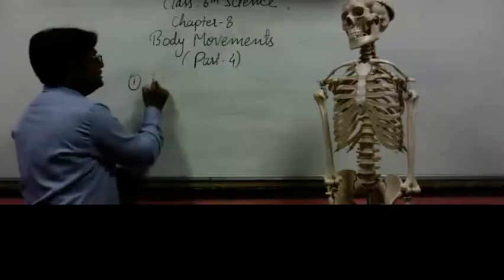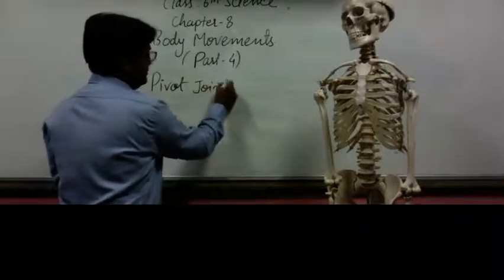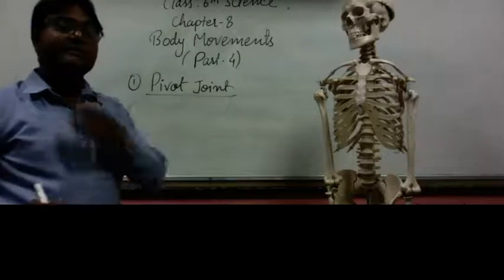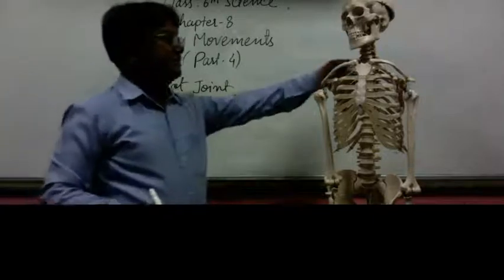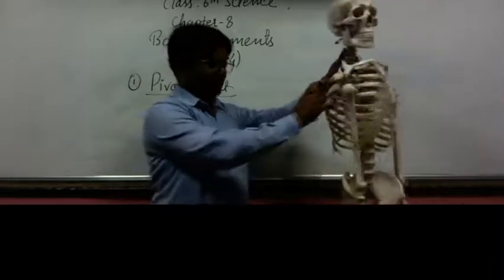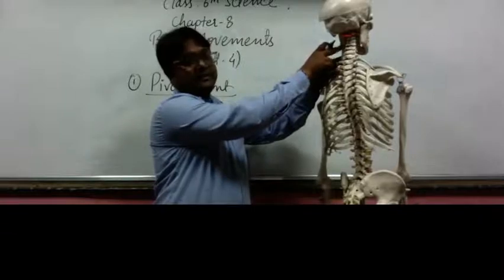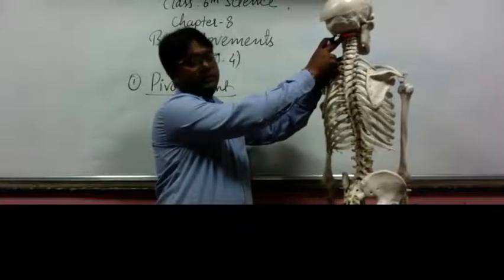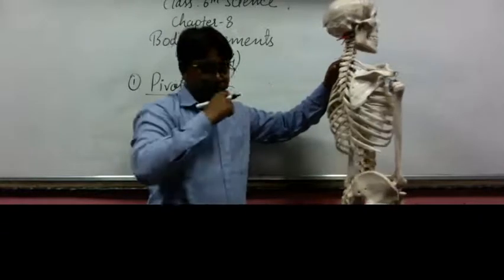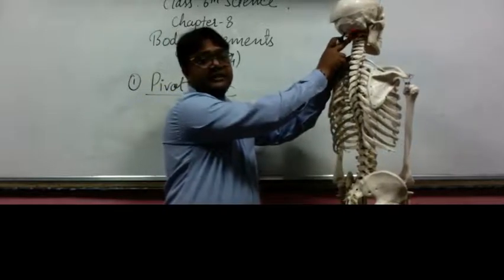The first one is the pivot joint. The pivot joint is available in the neck region. The cervical bones are available there, and these cervical bones get connected to the skull.